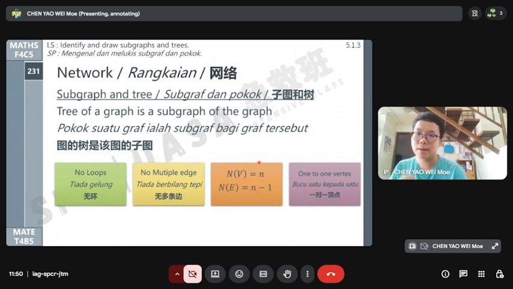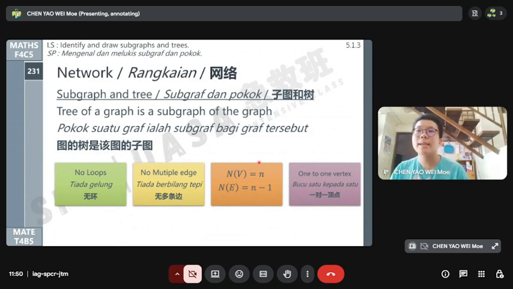That is called a subgraph. The original graph is also a subgraph of itself, but you cannot switch the vertices. If you switch the vertices, it is not a subgraph of the original graph. This is written in the textbook, you can refer to it.